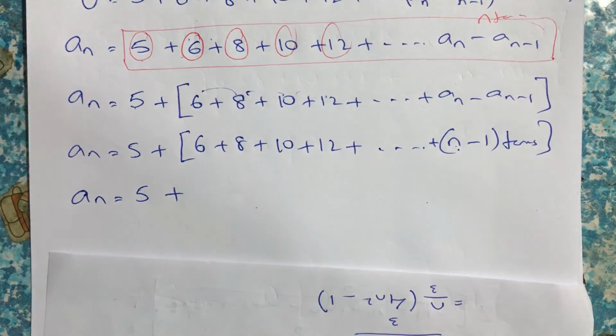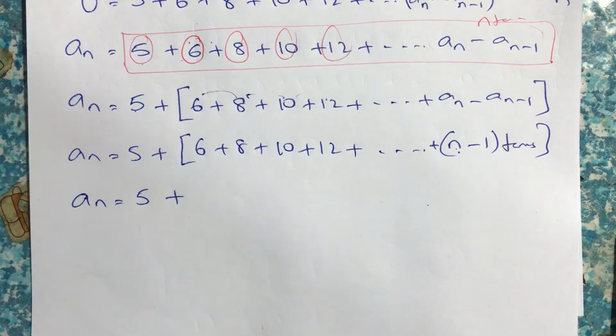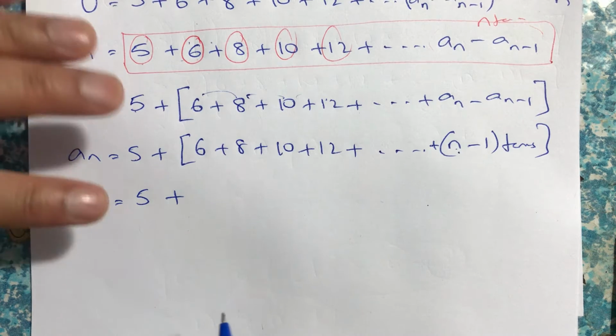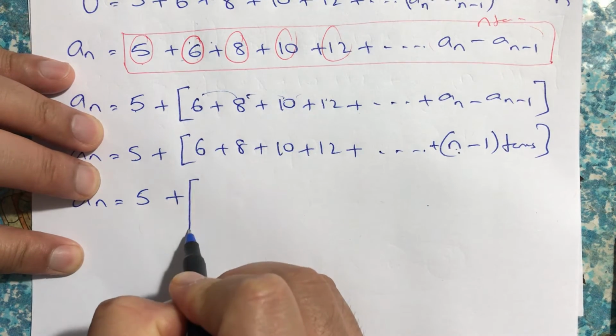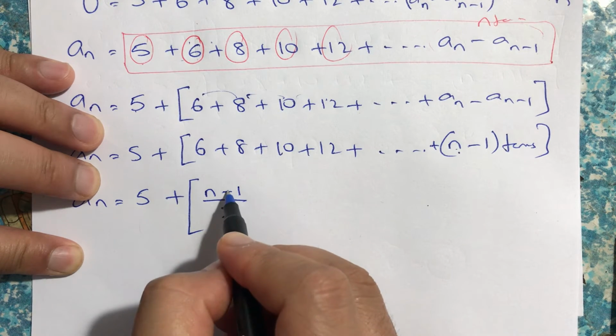So when I substitute the values in this formula, what does it become? It becomes n by 2, meaning n minus 1 by 2, because n is n minus 1.